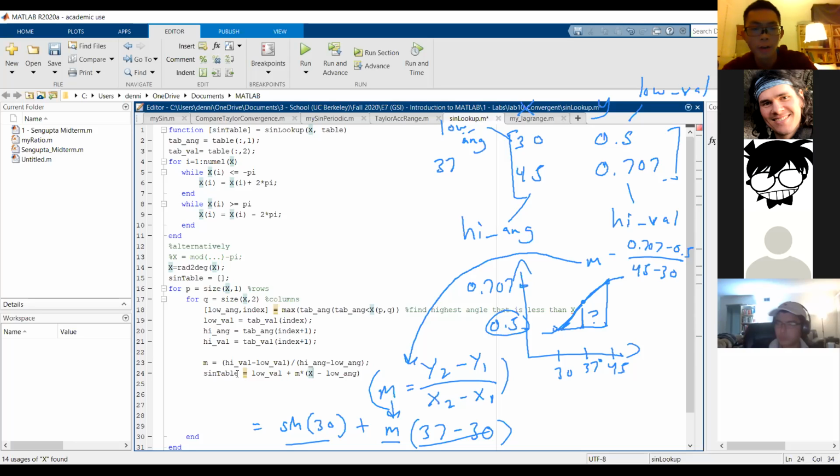I'll give you a hint. This should be X[P, Q], since we're looping over the entire thing. So here's our P, here's our Q. We'll do this for each and every single value of X.